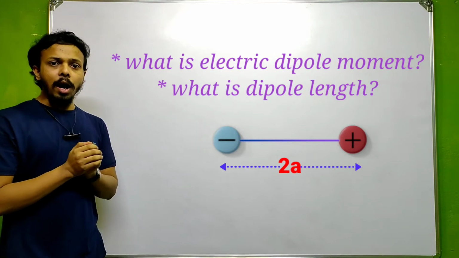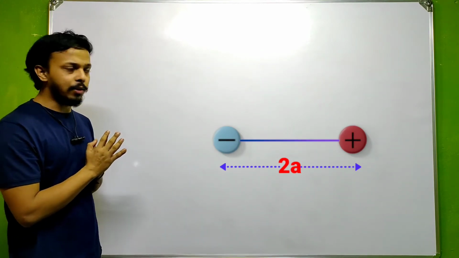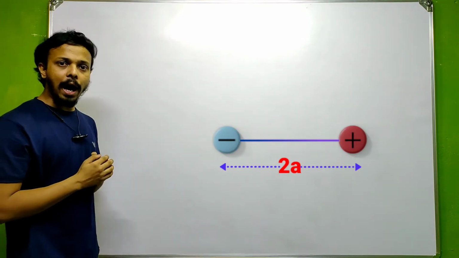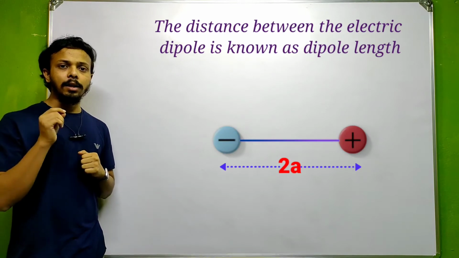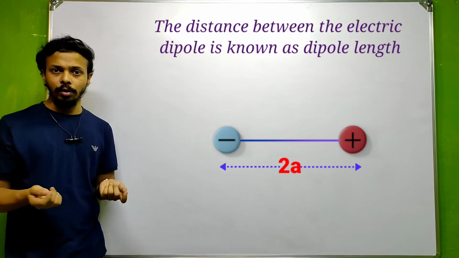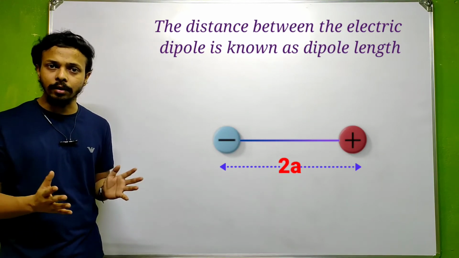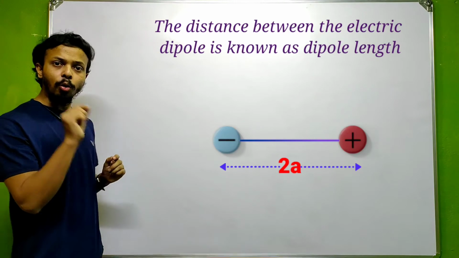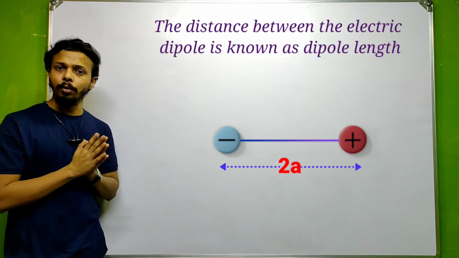As I am saying, the distance between the two charges is taken as 2a. This 2a is called the dipole length. The length of the dipole, or the distance between the two charges, is called the dipole length, which is taken as 2a.